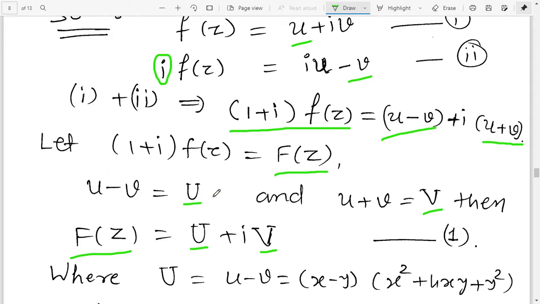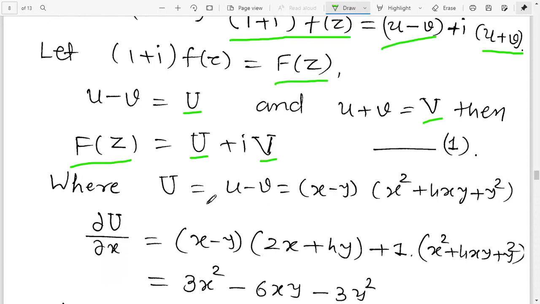So this is the real part of the complex number. Here we are given U = u − v = (x − y)(x² + 4xy + y²).